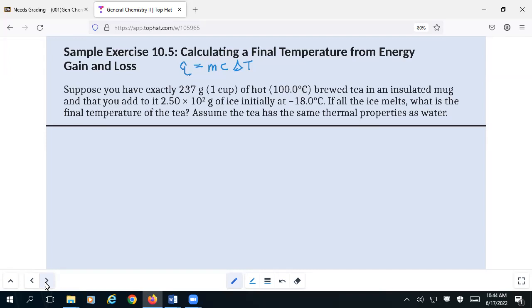So what we have here are 2 basically opposing phenomena.